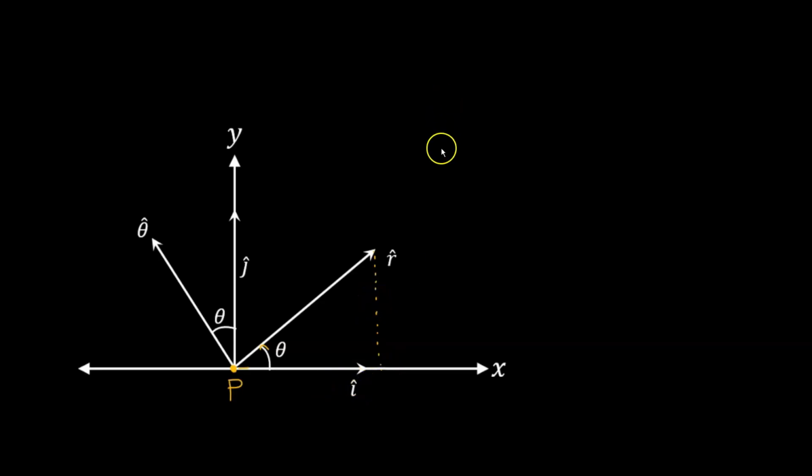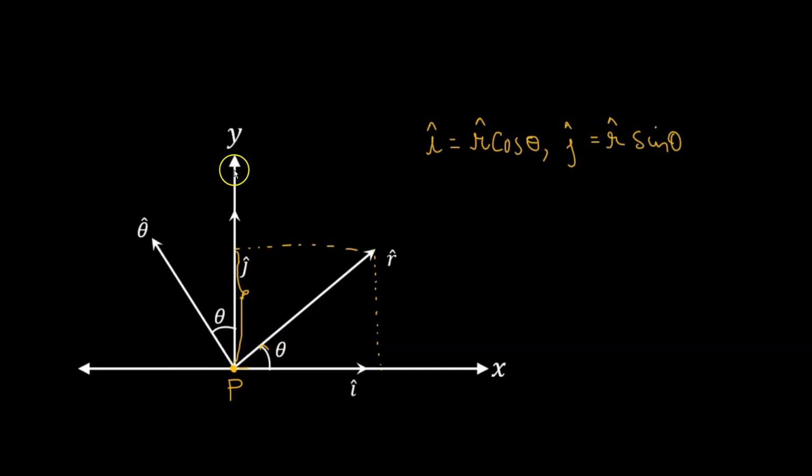So that means i cap will be equal to r cap cosine theta, and j cap will be equal to r cap sine theta. So this particular height is r cap sine theta.